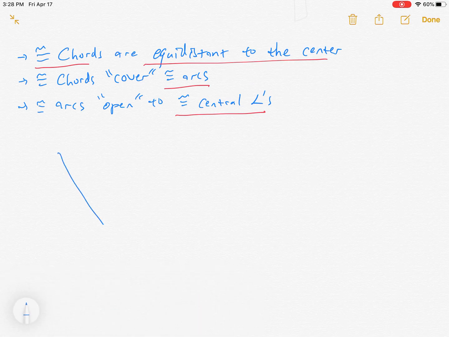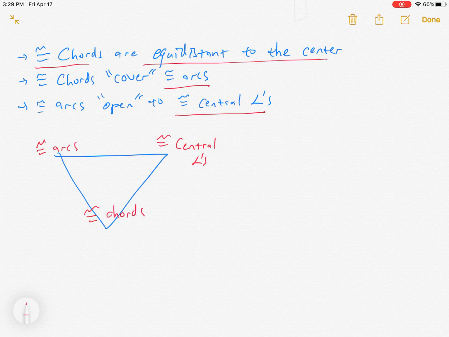So here's how I often think of this: you have this triangle, and in the triangle there's three congruent statements. This is kind of a visual. We have congruent arcs, congruent central angles, and congruent chords.